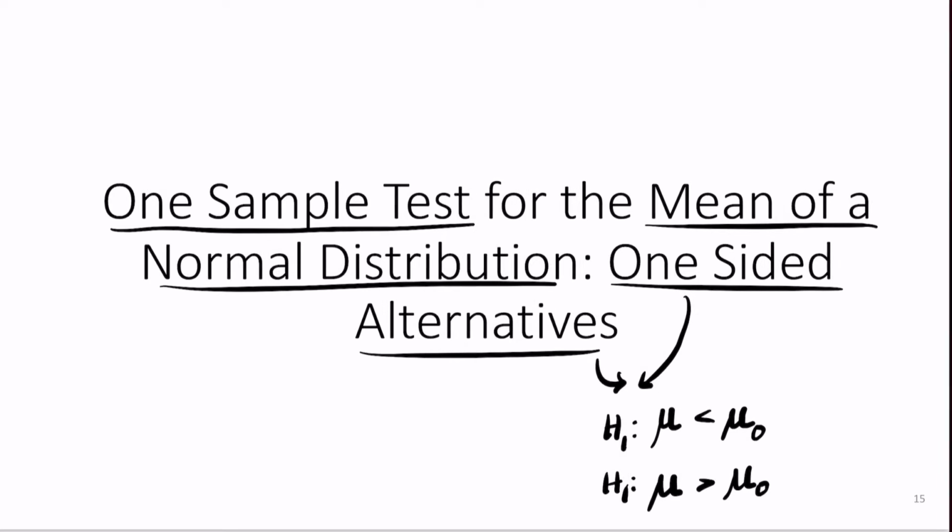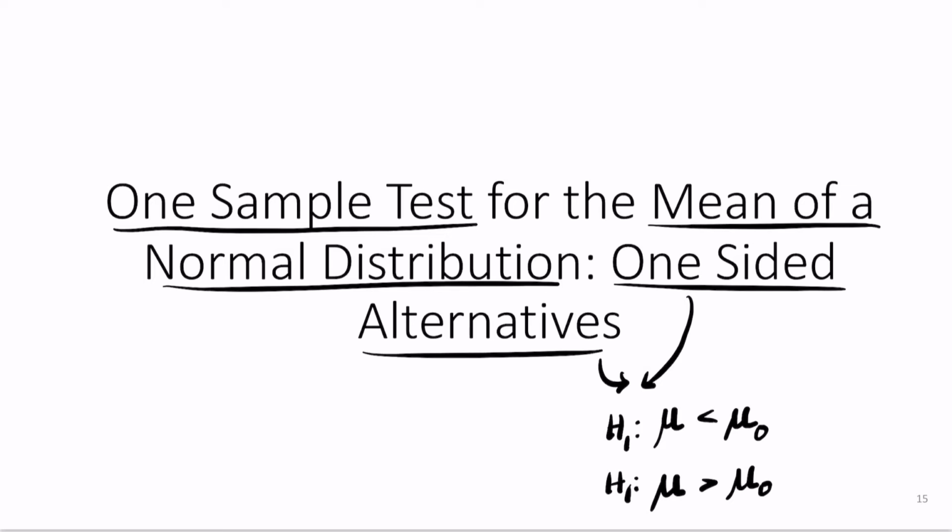So whether mu is less than mu naught or mu is greater than mu naught. If mu is less than mu naught, we call it the left one-sided test, and if mu is greater than mu naught, we call it the right one-sided test. So remember the difference between these two.